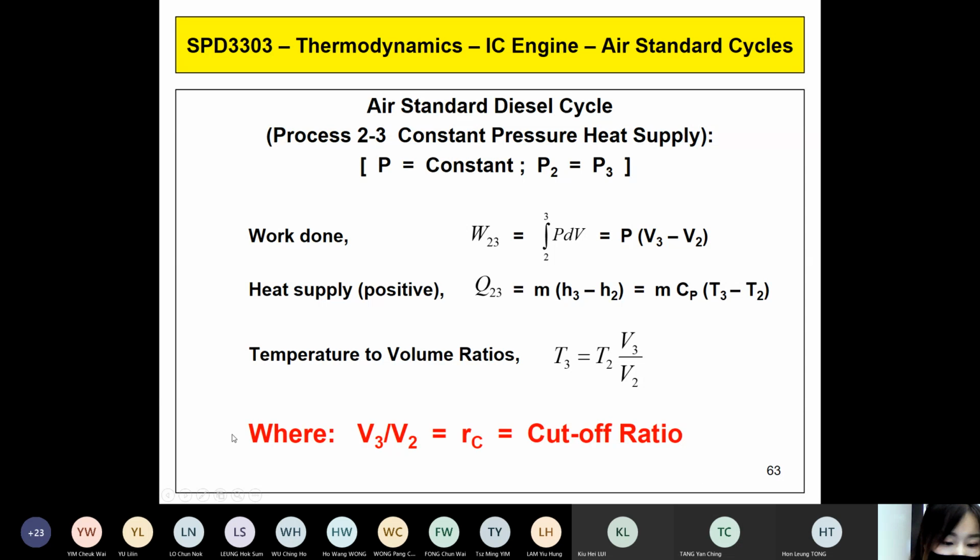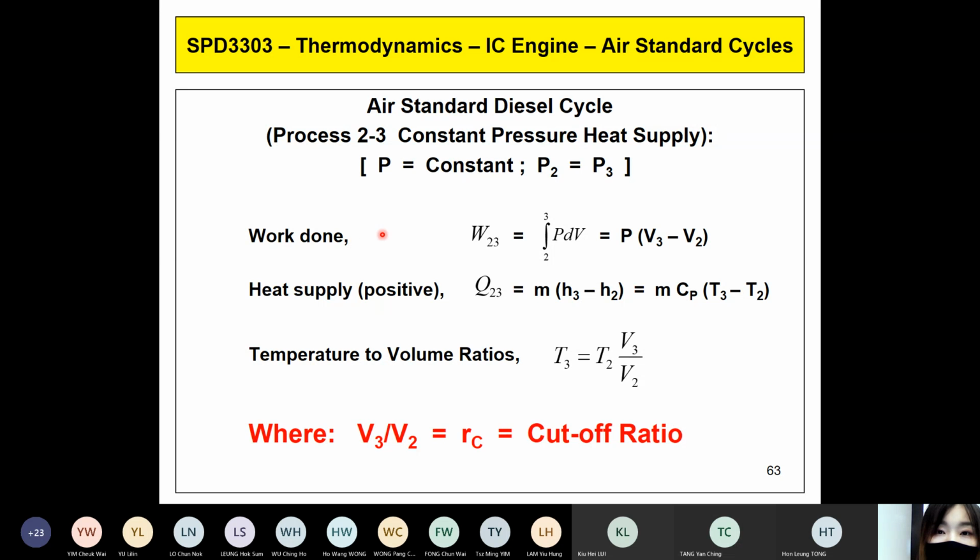For the constant pressure heat supply process, the work done equals P times the difference of volume. Also, we have heat supply. Here you should pay attention.